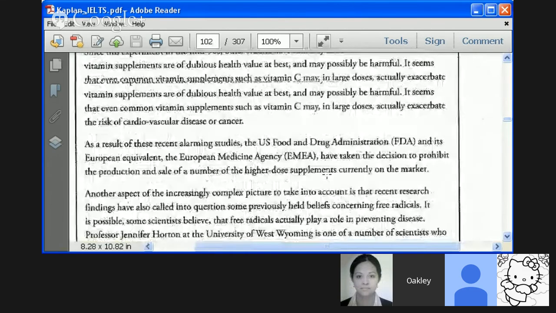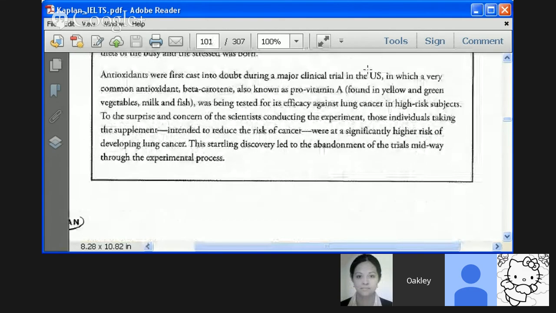Zipping back, looking for the information. U.S. Vitamin A, there they are, both right there.